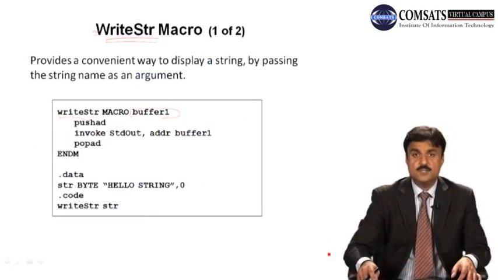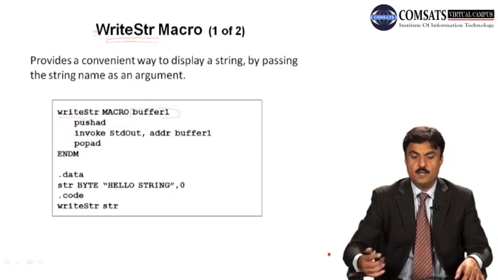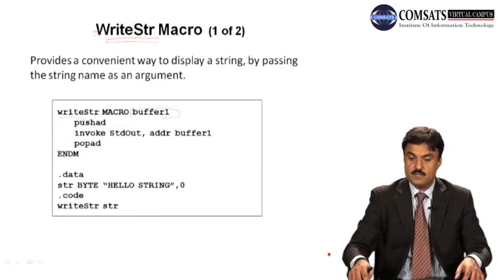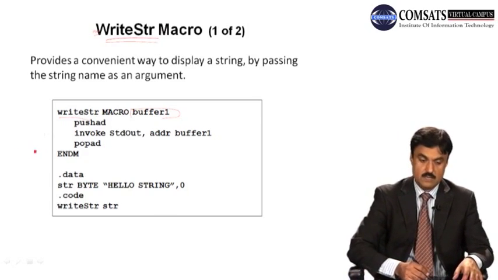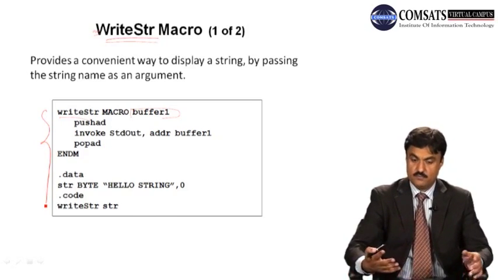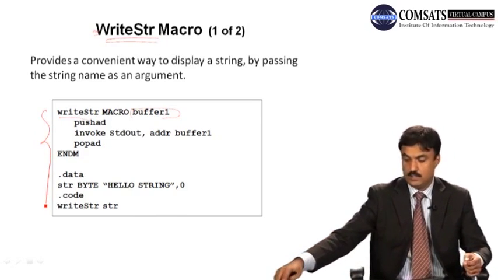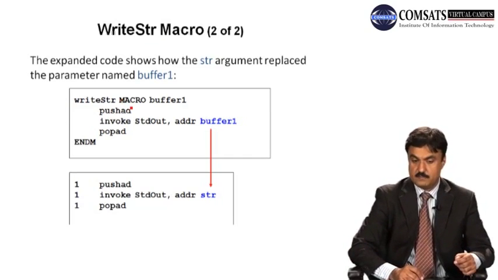Here you will see the one example called the write string macro. This macro provides a convenient way to display a string by passing the string name as an argument. This is the same example that you have seen in the previous slides. So we are passing one argument here. You can see the expanded code.